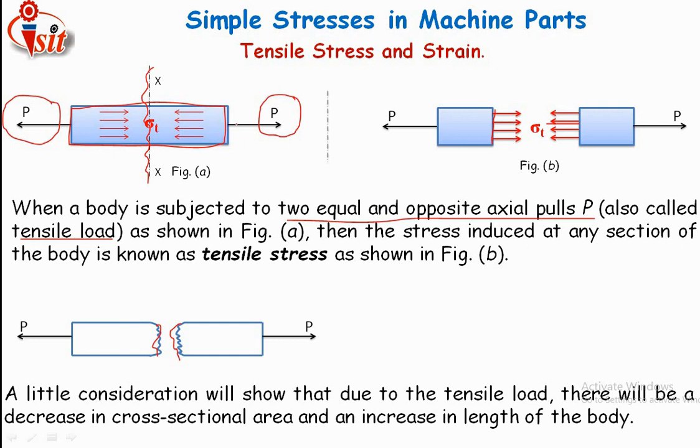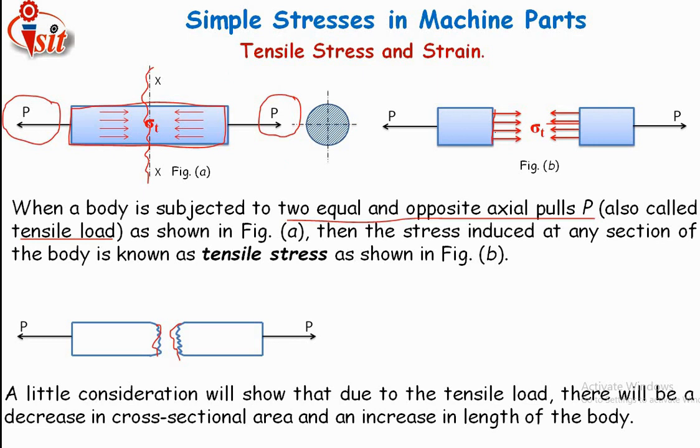As we have seen, stress is nothing but the resistance offered by the body to the applied load. This is the section, this is the cross section. This is the front view of the body. If we go to the side view, you can see the cross section of the body.